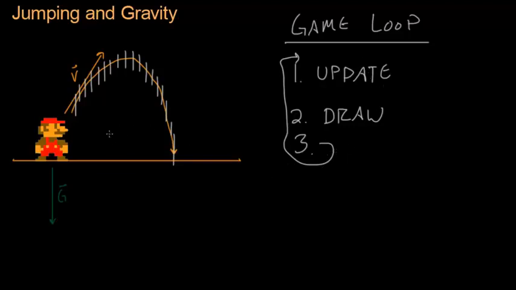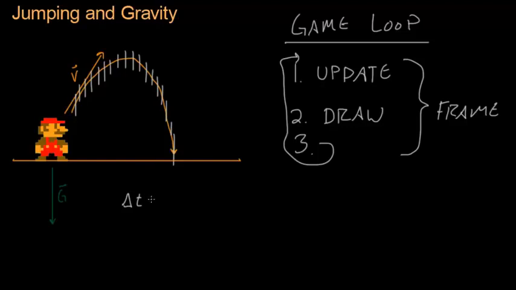So then the question is, how long should each one of these individual cuts be? And to answer that, we need a delta t. Delta t is the time that passes between each frame. Each time we do this, that is one frame. Okay?